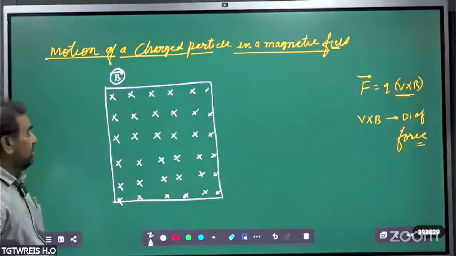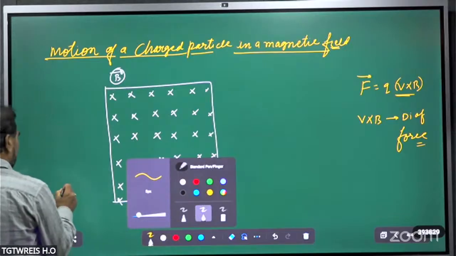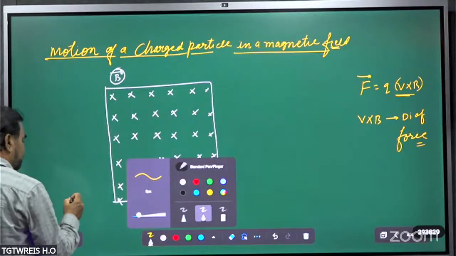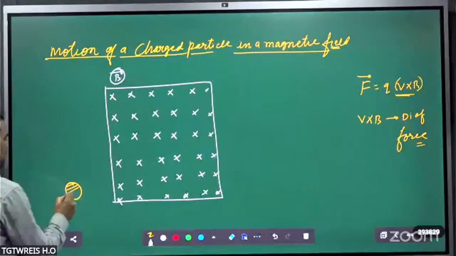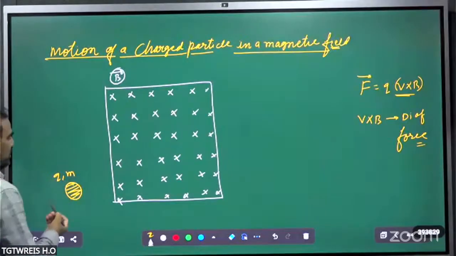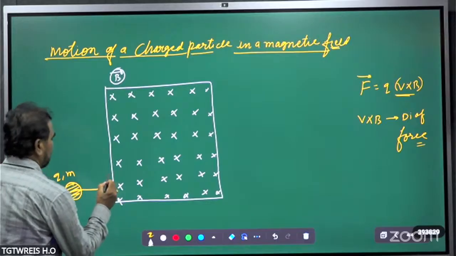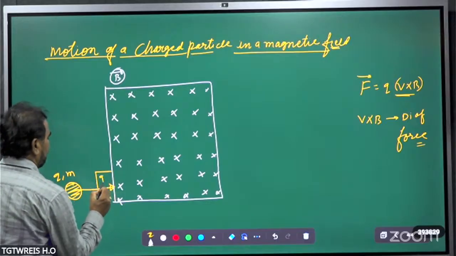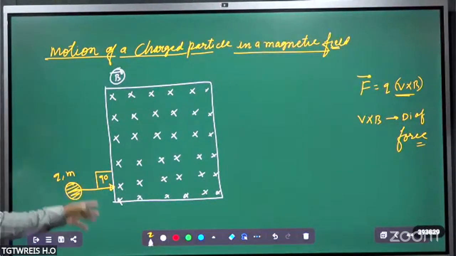Now, a charged particle of charge q and mass m is projected perpendicular to the direction of the field, like this. The angle made by the particle with respect to the magnetic field is 90 degrees.